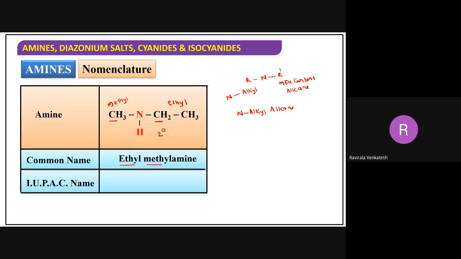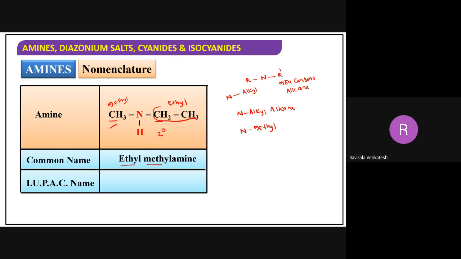Now, which has fewer carbons, methyl or ethyl? Methyl. Therefore I can call it N-methyl, because methyl has fewer carbons. N-methyl. Next, you have to see the root word for this one.